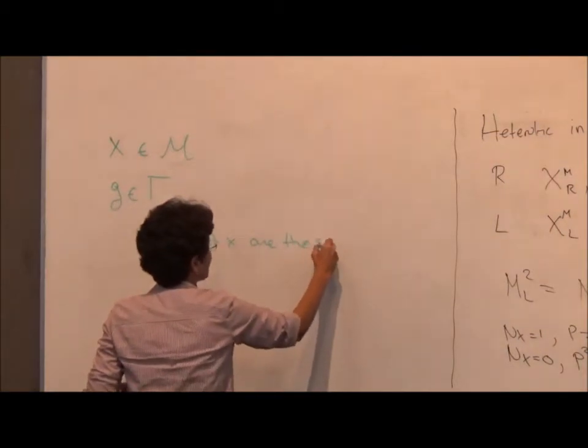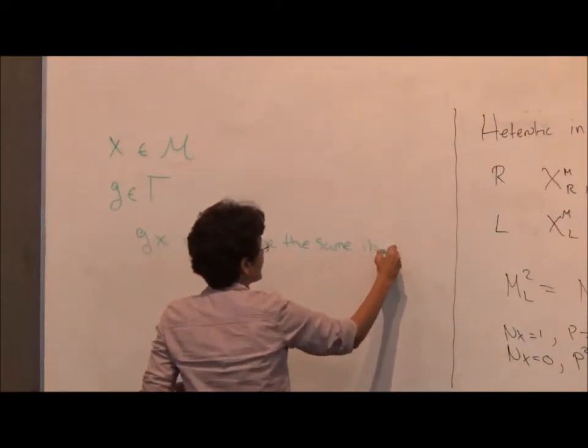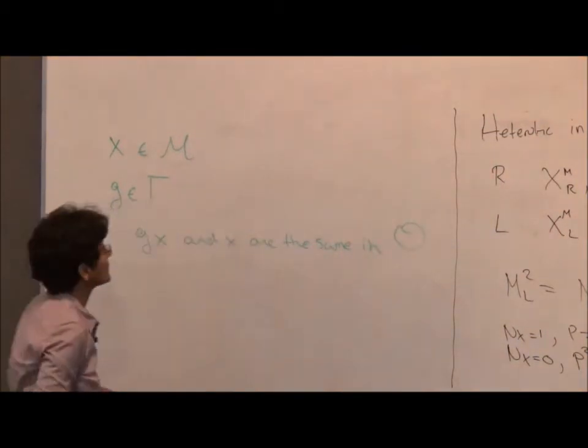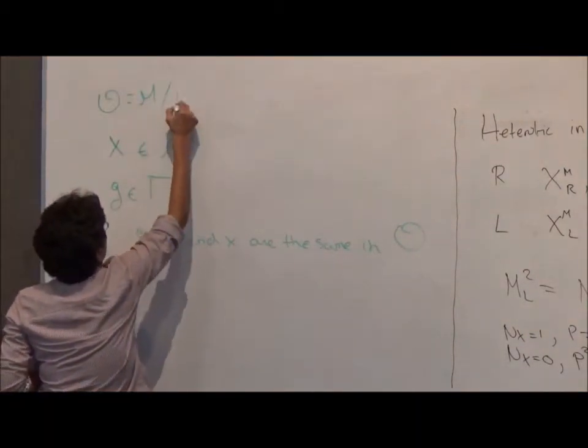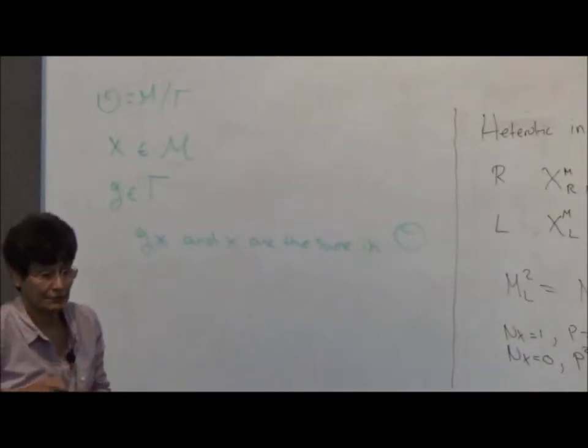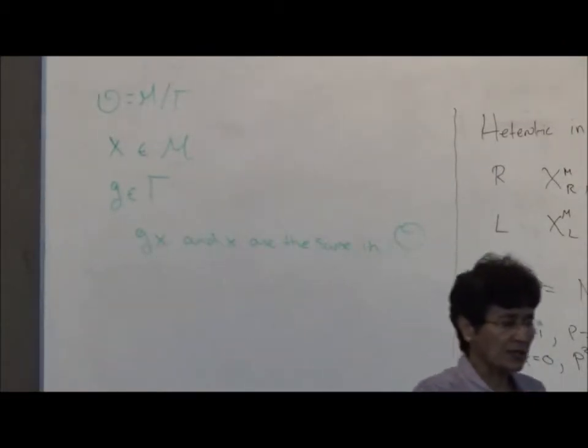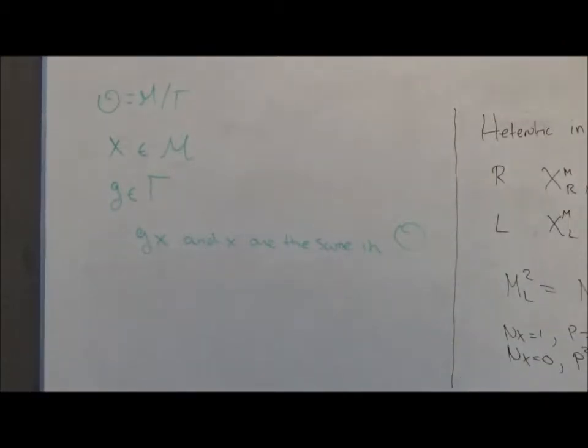So they are identified, or equivalent, in the orbifold. Okay. So you identify points that just differ by a transformation.